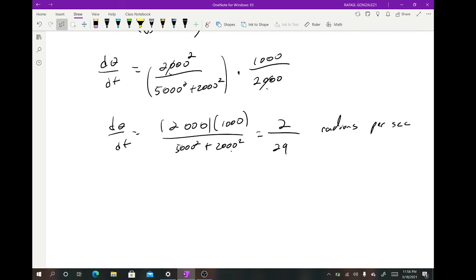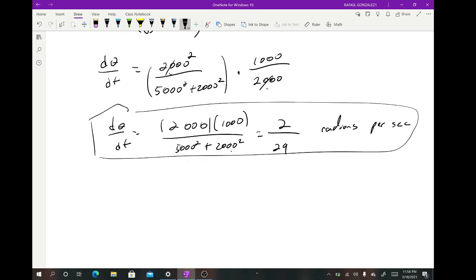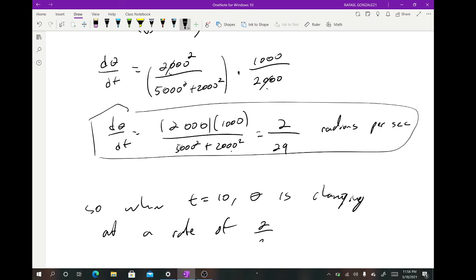So this means that the rate of change for the angle theta is equal to 2/29 radians per second. So when t equals 10, meaning the time is 10, theta is changing at a rate of 2/29 radians per second.